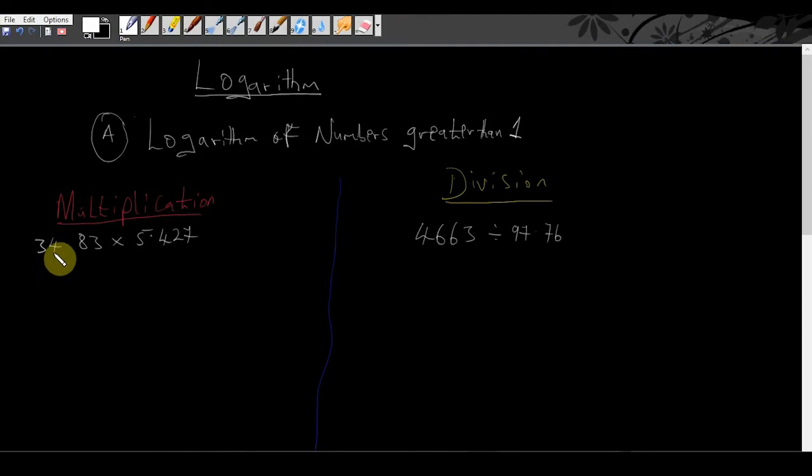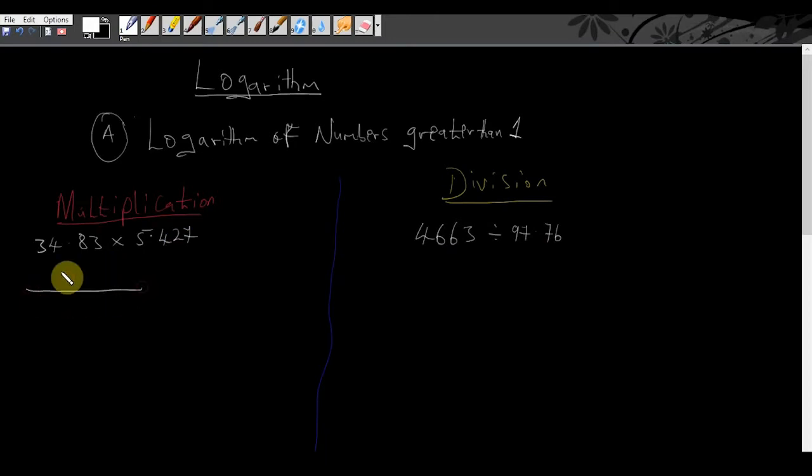Okay, let's say under multiplication, we are asked to evaluate 34.83 times 5.427 using logarithm table. How are we going to solve this? Maybe let's tackle this one first, then we go to this subdivision. How do we solve this? Draw your table.